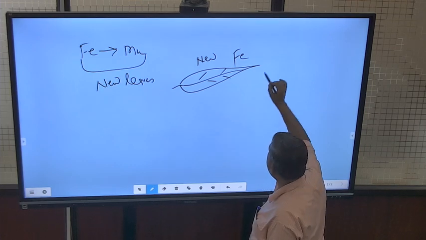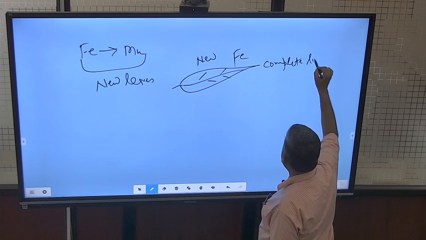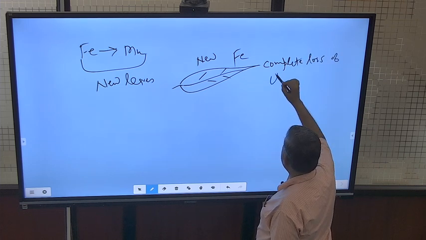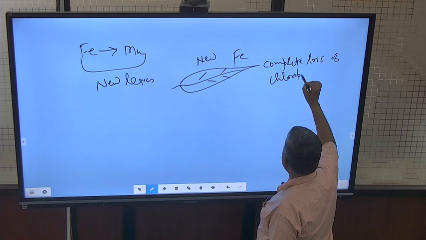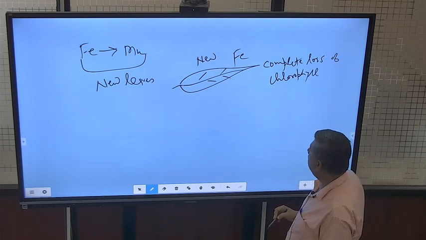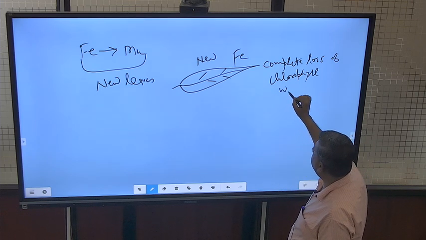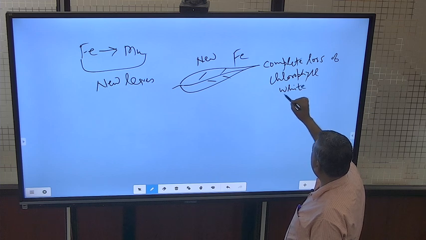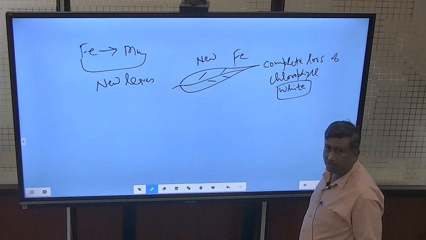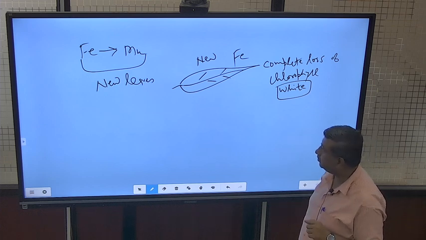So, there is complete loss of chlorophyll, because iron is involved in chlorophyll synthesis as an activator of enzymes. So, the color becomes white. White color of leaves indicates iron deficiency in new leaves.